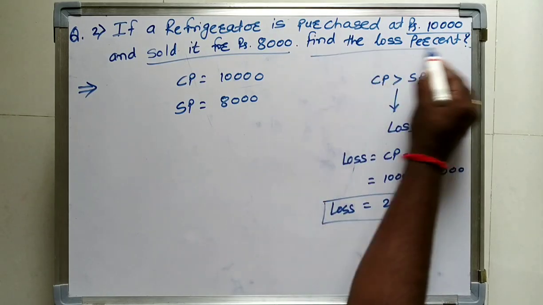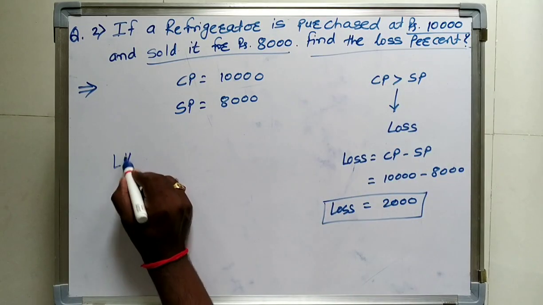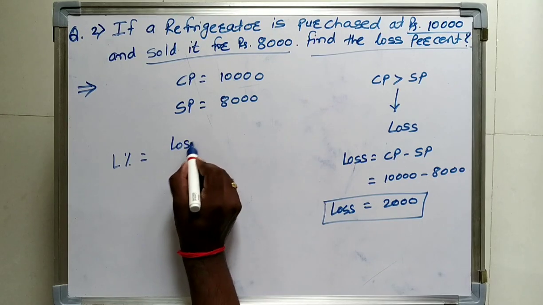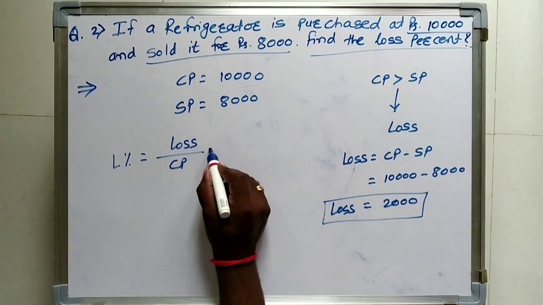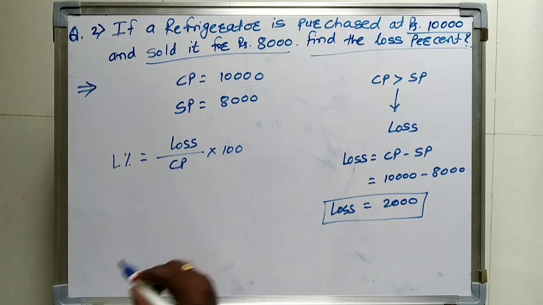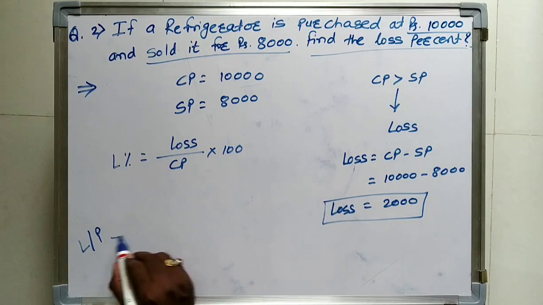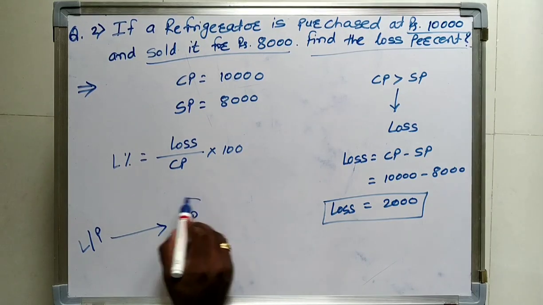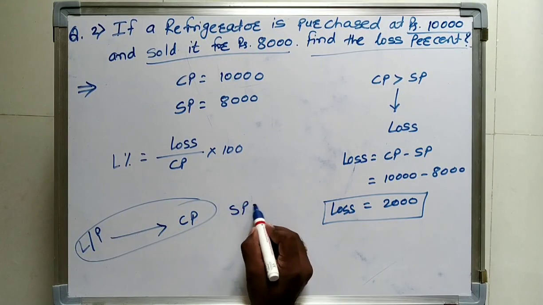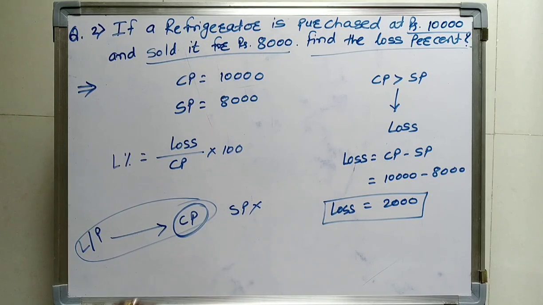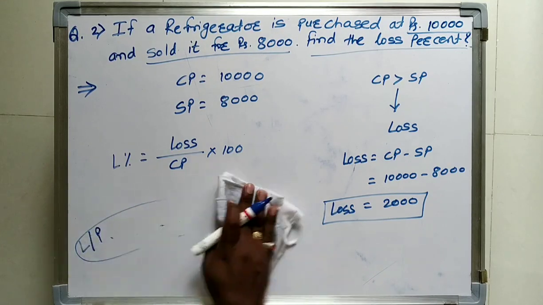Okay, now find the loss percent. So loss percent is given by loss divided by CP multiplied by 100. Okay, always keep in mind loss as well as profit will be on CP, right? Not on SP. It will always occur on cost price, isn't it?